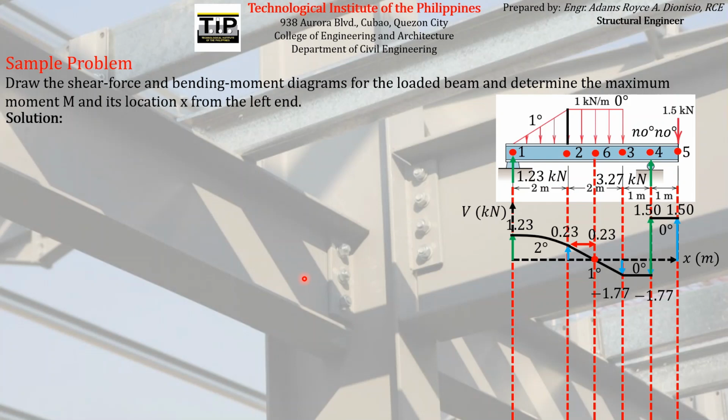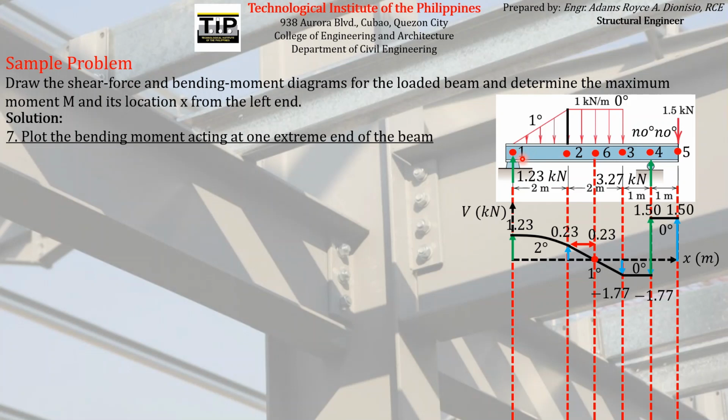Actually, the procedure for drawing the bending moment diagram is just the same as drawing the shear force diagram. We just have to change the concentrated forces in the procedure of the shear force diagram into moments. If you notice, this is just the first step in drawing the shear force diagram. We have to plot the concentrated bending moment acting on one end of the beam.